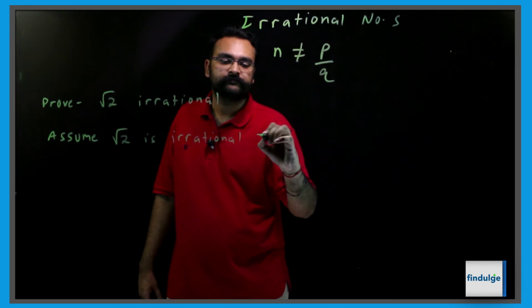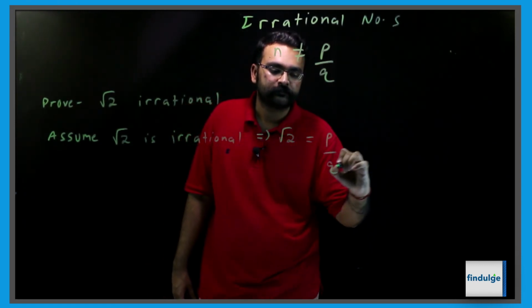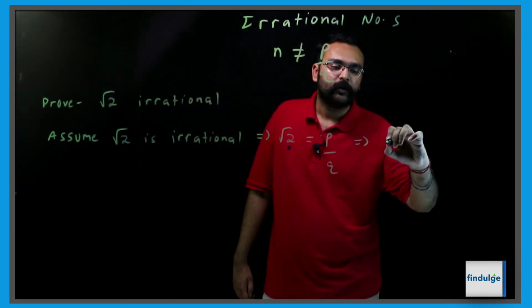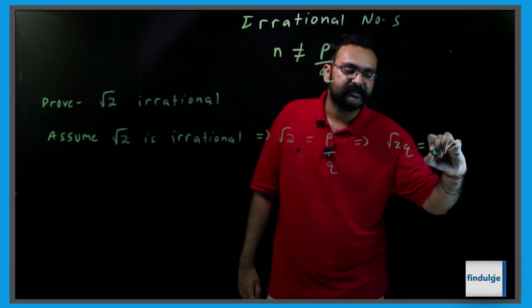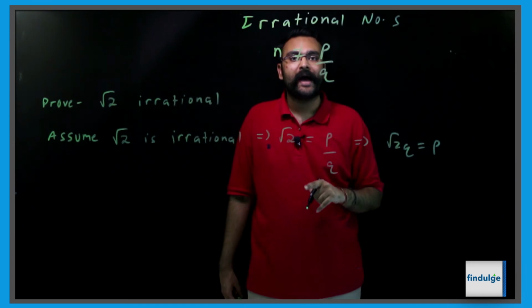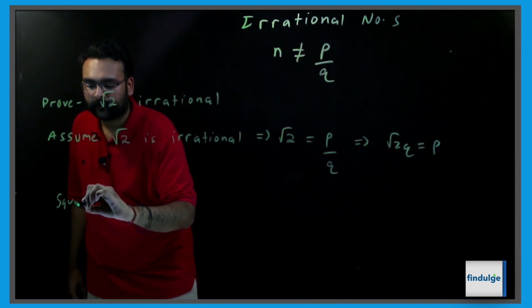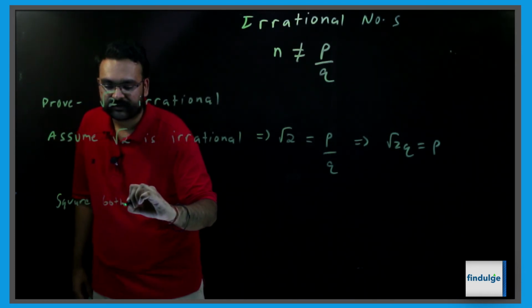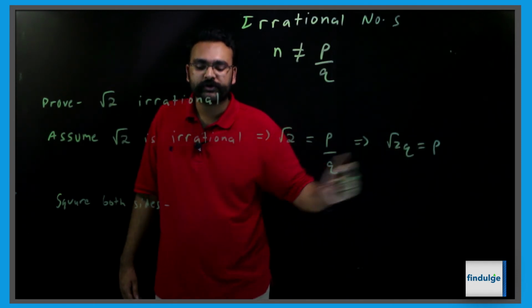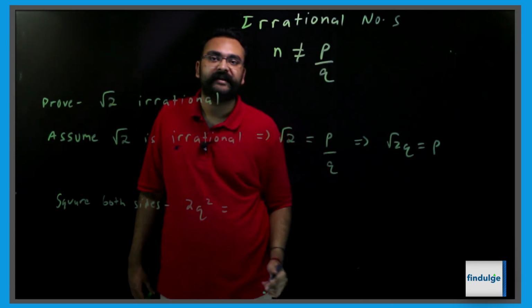This means root 2 is equal to p by q. I can rewrite this as root 2 q is equal to p. Now I will square both sides. This will become 2q square is equal to p square.